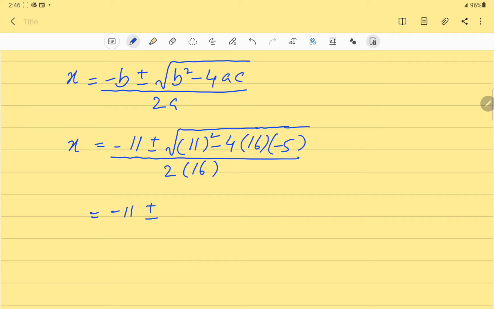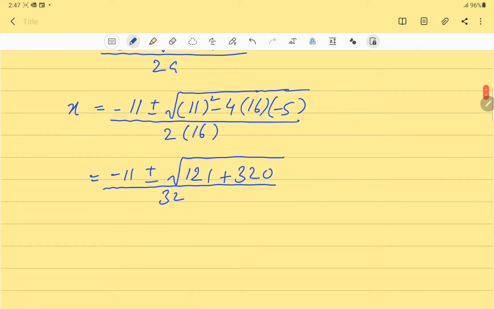Square of 11 is 121, and when we multiply 4 with 16 it is 64 and 64 into 5 is 320. When we multiply minus with minus, it will become plus. So the final answer will be plus 320, over 2 into 16 is 32.